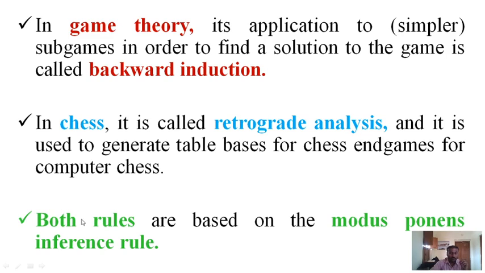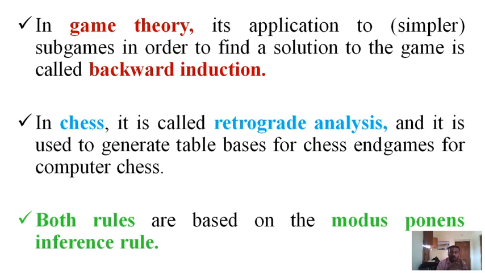Then both of these rules are based on modus ponens inference rules. So backward induction and retrograde analysis, both also come under modus ponens inference rules only. That's why we already discussed modus ponens inference rules in our previous concepts.